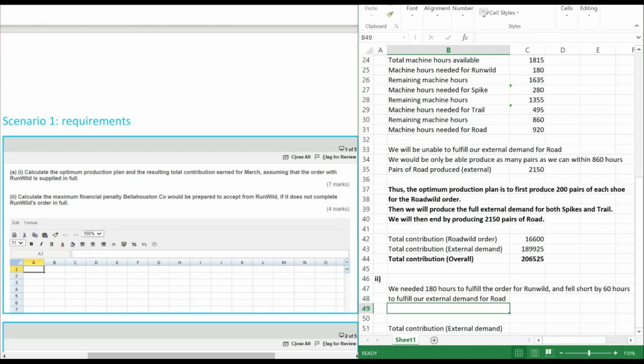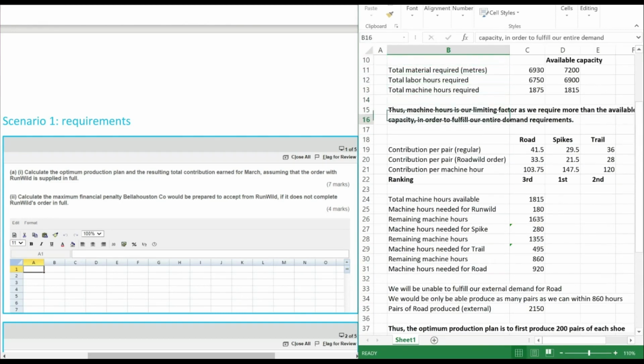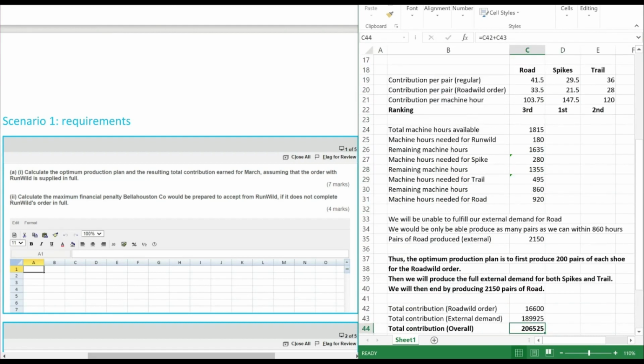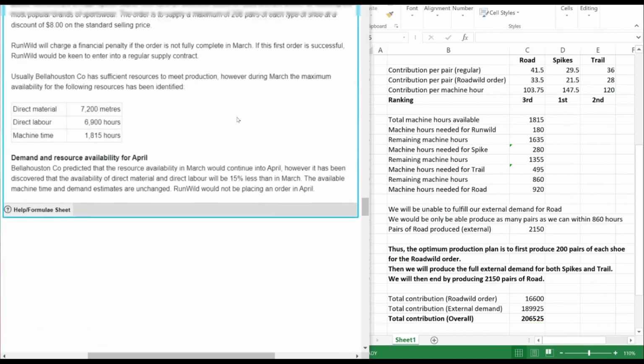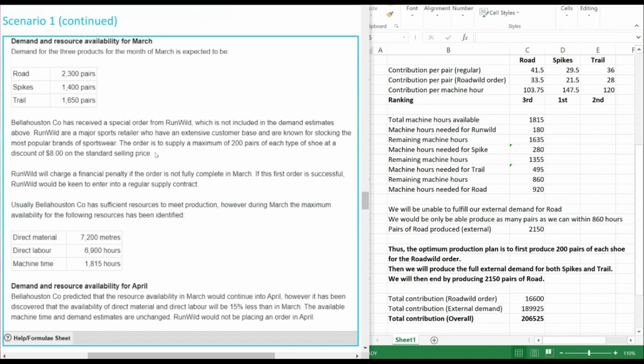Now, why would we want to break the agreement? Well, from a money perspective, remember, the Runwild order, we're making far less money than we would be for a regular sale. So that's why. But we don't need to just ignore the Runwild order completely. We can still fulfill it partially, because if we go back to the wording in the question, notice what it says. It says the order is to supply a maximum of 200 pairs of each type of shoe. So just because we're going to break the order doesn't mean we need to break the entire order.